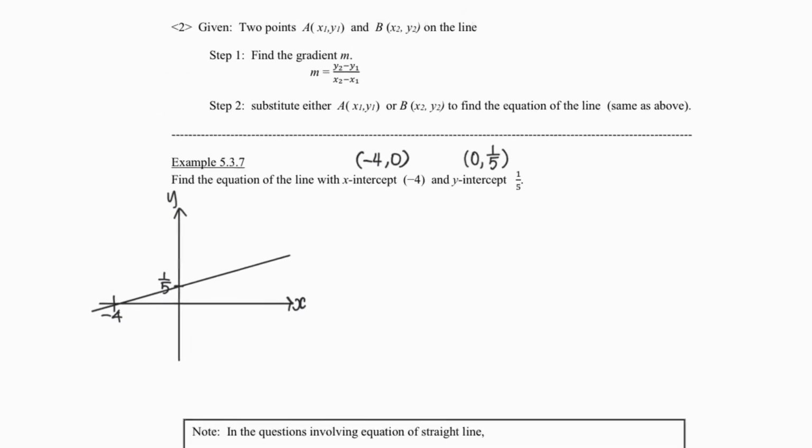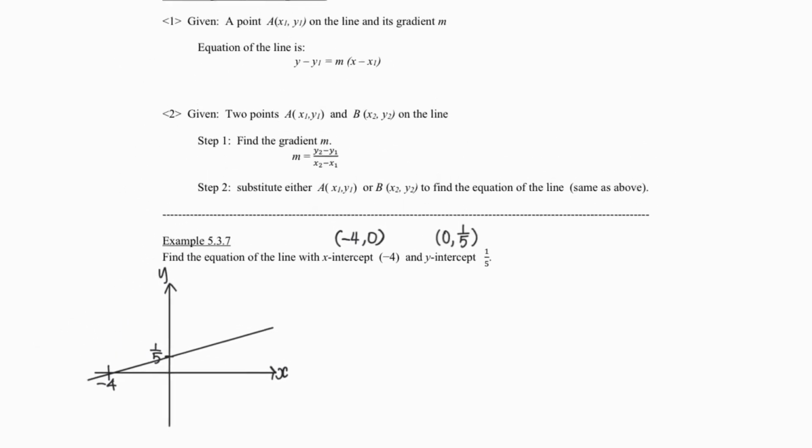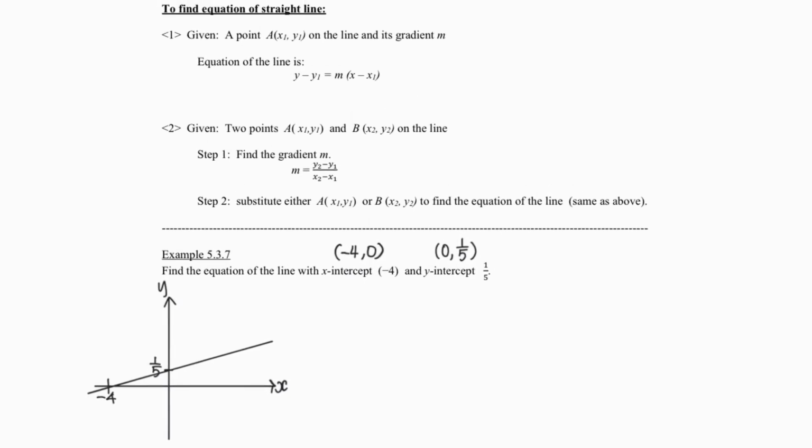And therefore, going back to this approach to find equation of a line, we usually have two. Now we have 2 points. First point, second point. And therefore, we will use approach 2.